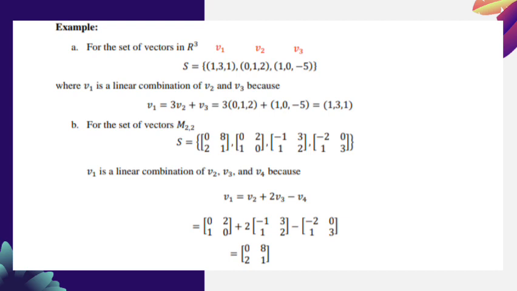So, the answer for that is (0, 8, 2, 1), which is the V sub 1. In this example, it is relatively easy to verify that one of the vectors in the set S is a linear combination of the other vectors because the coefficients to form the linear combination are given.